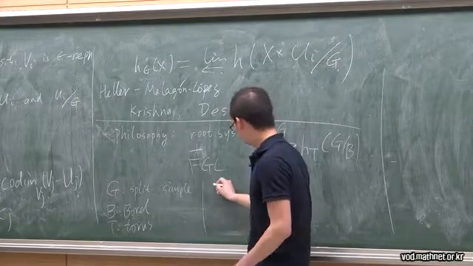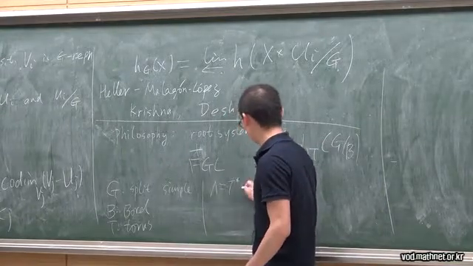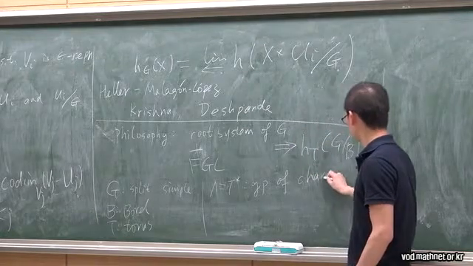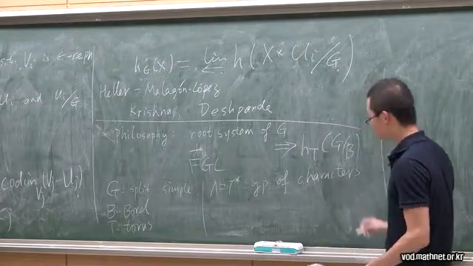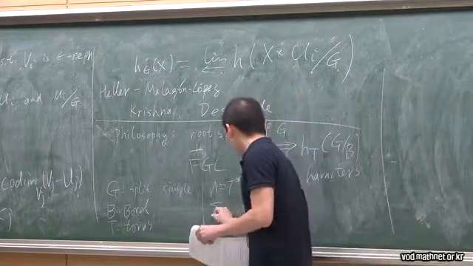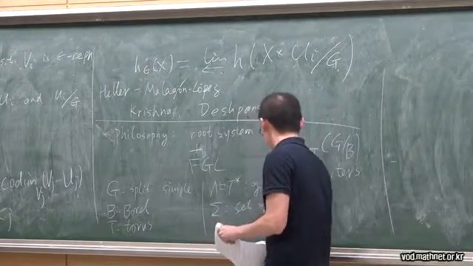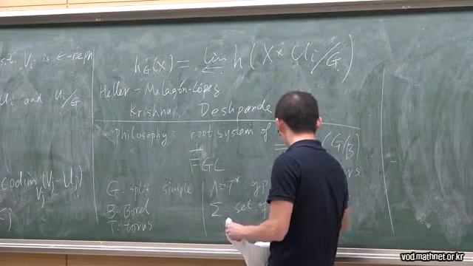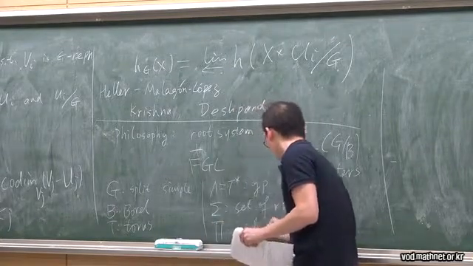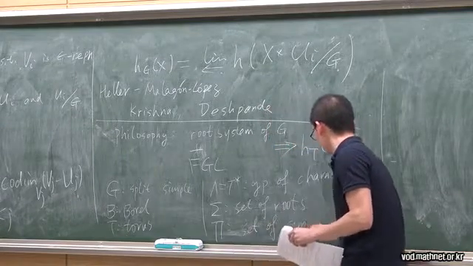So T is the torus, and delta is the group of characters of T, sigma the set of roots, and pi is the set of simple roots.